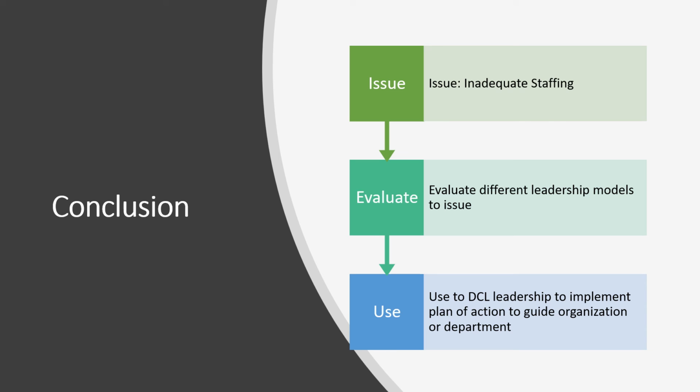Bolman and Deal's leadership model can provide different constructs which will focus on different areas within the staffing issue, which will focus on different work processes if that is the route taken. Most likely, the human resources construct is the most common and most useful of the Bolman and Deal model.